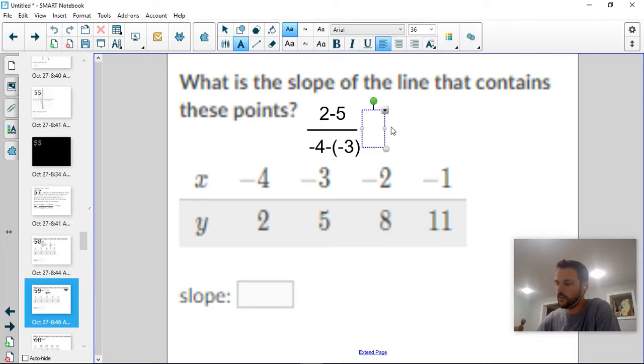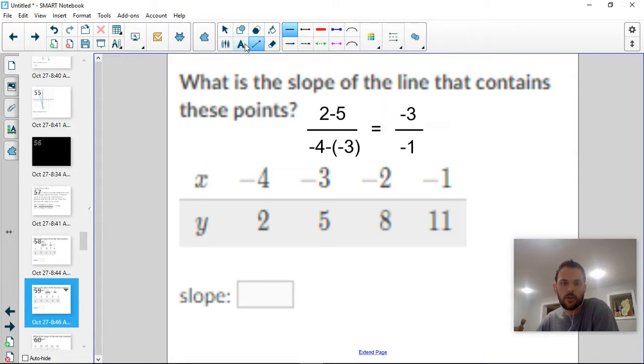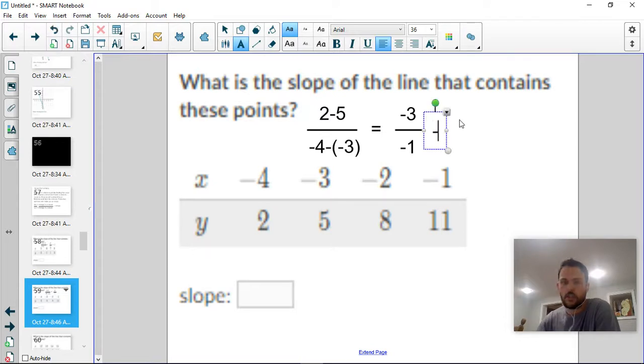Let's simplify this guy a little bit. 2 minus 5 on top, that's -3. On bottom, -4 minus -3. That'd be the same as -4 plus 3, so that's going to be -1. Again, I'm going to put this fraction bar in here. Another equal sign. Whoops. Equal sign. -3 divided by -1 is +3.